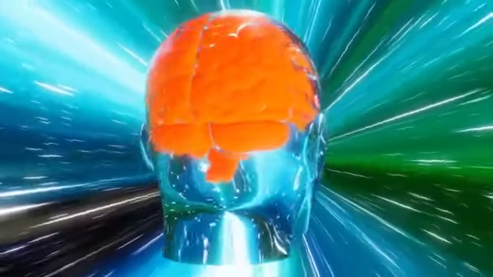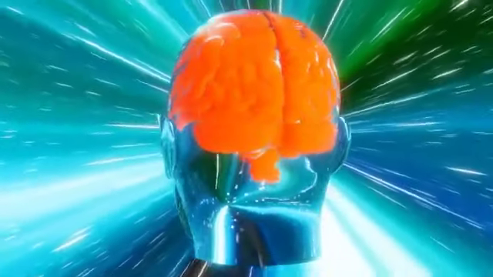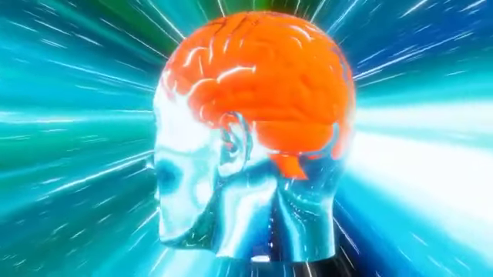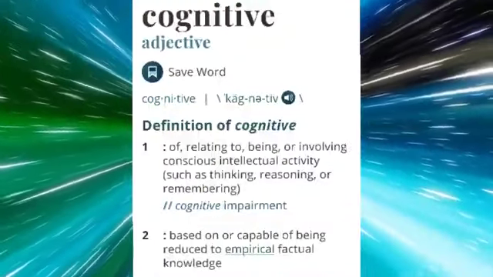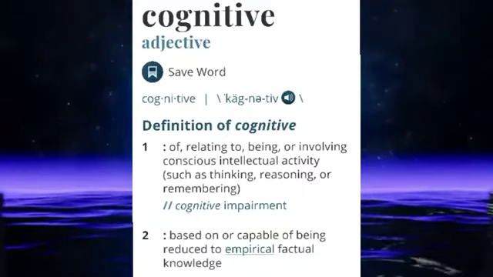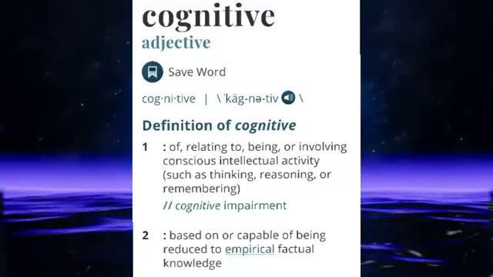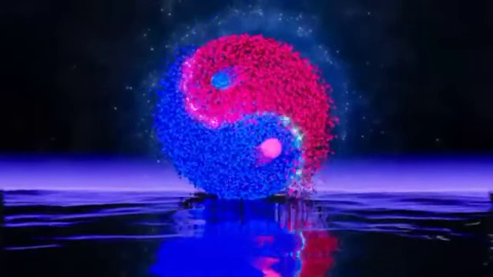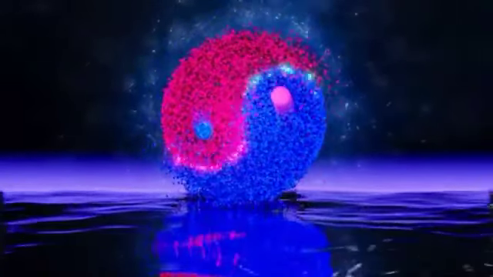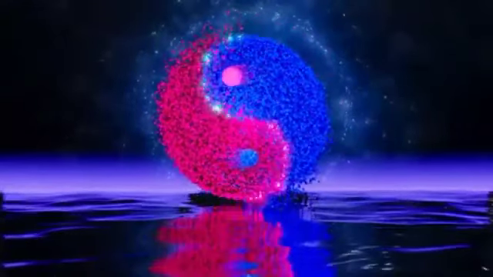MBTI cognitive functions. Definition of cognitive. Okay, 16 personality types. Each type has 4 main letters and 1 subletter to define each type. The first letter, I or E, introvert or extrovert, how they're energized.